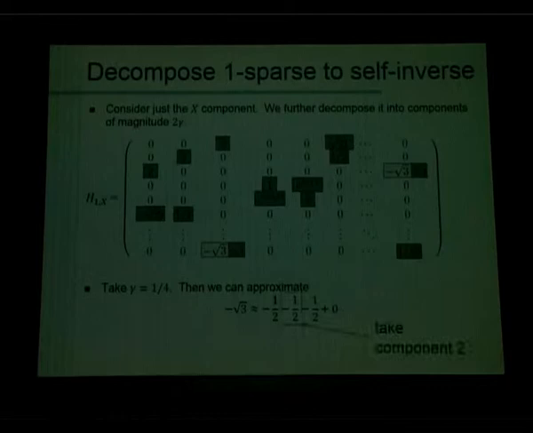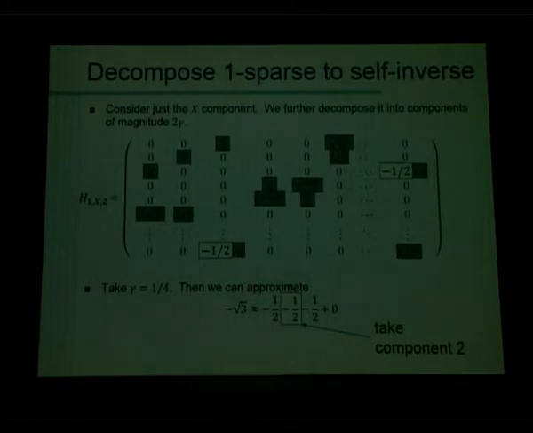Then we would say take a component here and have a component Hamiltonian with minus a half in those entries. Now this isn't quite what we want. We actually want to have all of the columns having one non-zero element in order to actually get something which is proportional to self-inverse.